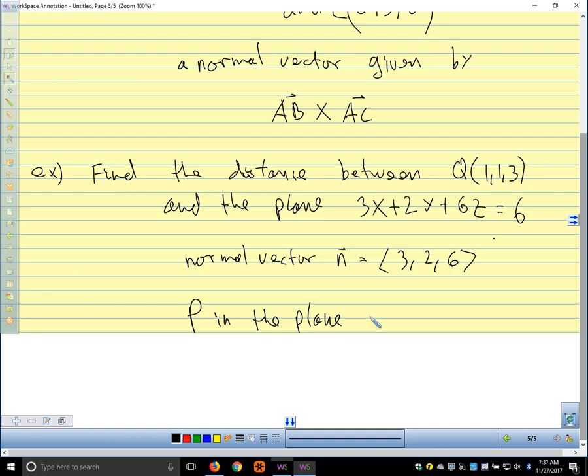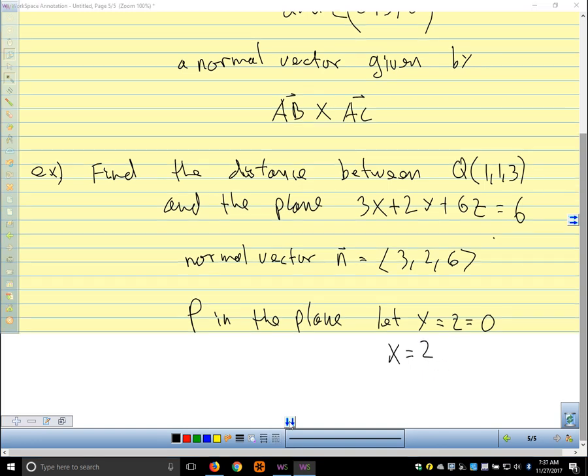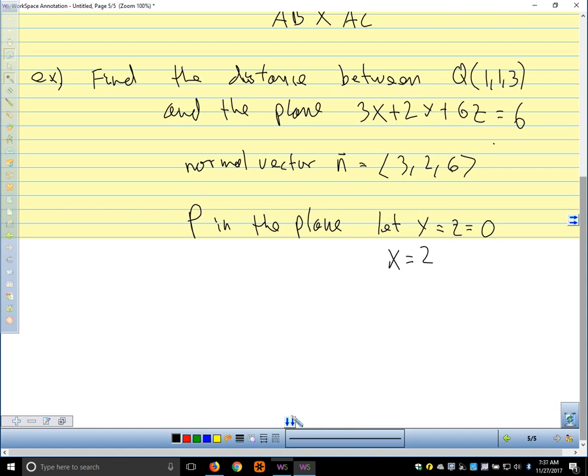Plug in a couple of zeros for our coordinates. Say let y and z equal 0. So I get x equals 2. You could choose any pair, set them equal to 0, and solve for the third. So our point on the plane is (2, 0, 0).